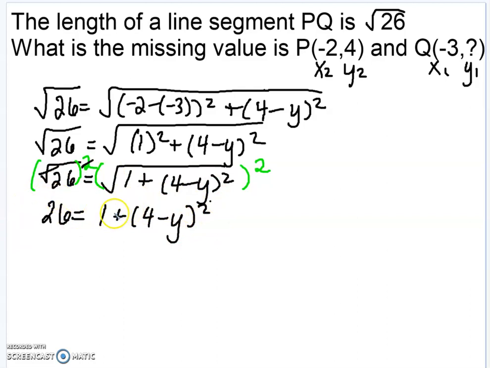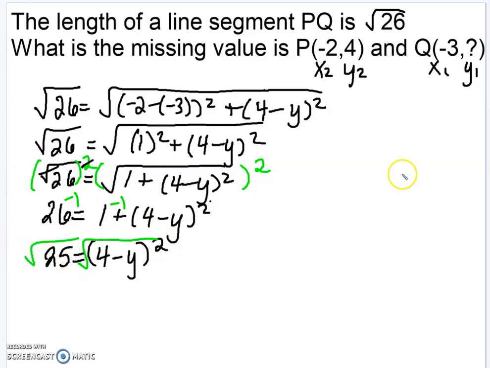So let's move this 1 over. Make sure you move this 1 over before you do anything with this bracket. So I'll subtract 1 and subtract 1, and we'll end up getting 25 here. And at this point, before we can get to anything in this bracket, we do need to get rid of the square, which actually means we're going to have to do the square root of both sides.